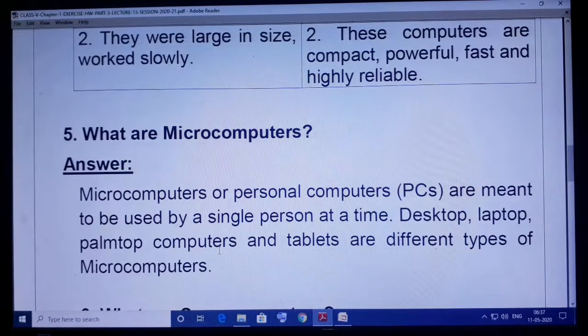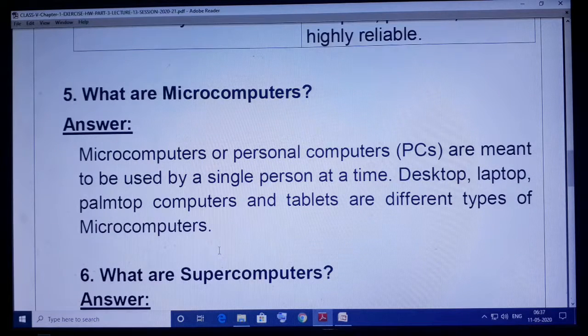So as you can see, nowadays the computers we use as single users are microcomputers. And laptop, desktop, palmtop, tab are types of microcomputers, right? So now come to the next question.